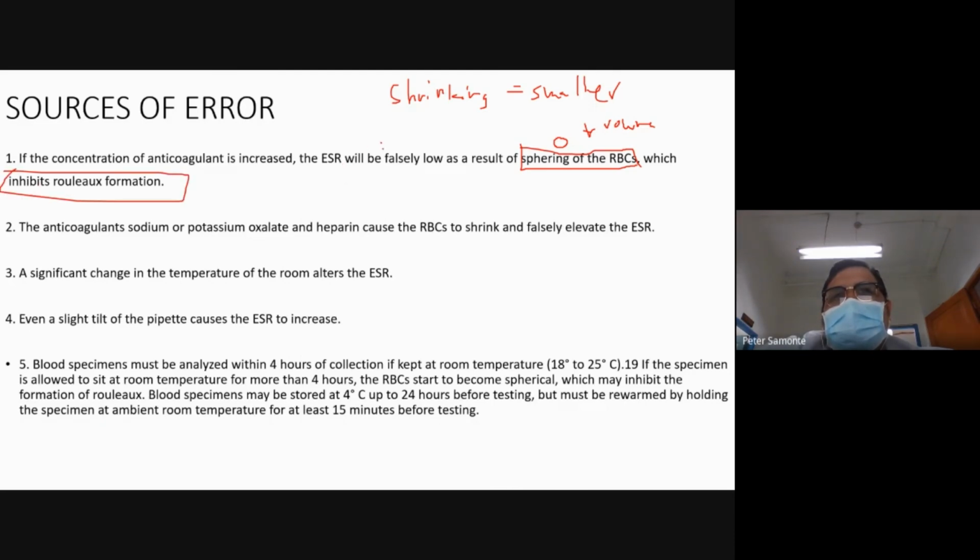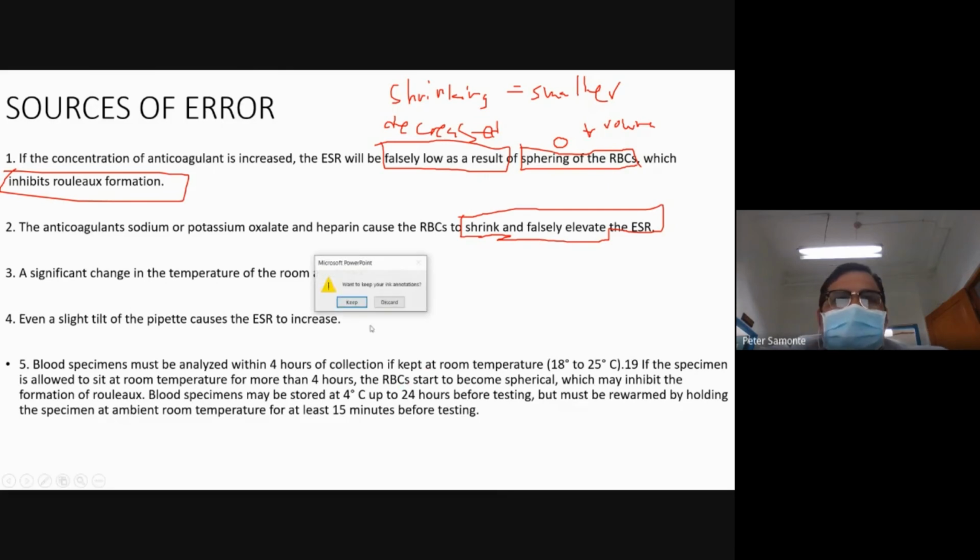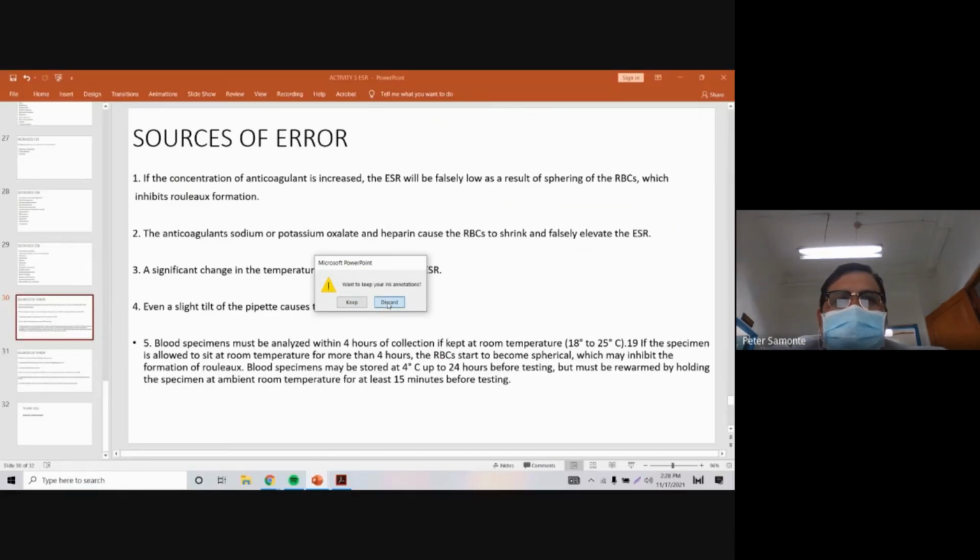Thus, it would be falsely low or decreased. Kapag naman na-encounter mo yung word na shrink, nag-shrink yung RBC, it would cause falsely elevated ESR. Does that answer your question, Ms. Jacobo? Opo, thank you, sir.